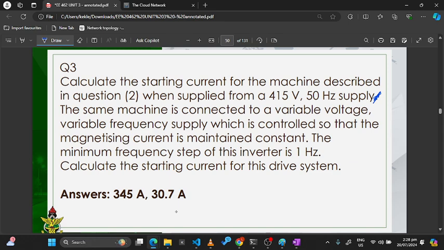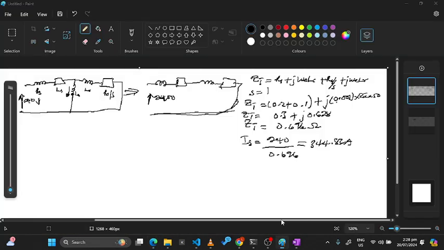If you want to solve it without neglecting this, then you have to find the total impedance. So what you need to do is find the equivalent impedance over here, which will be in parallel with this. So you find their parallel combination, then together they will be in series with this.